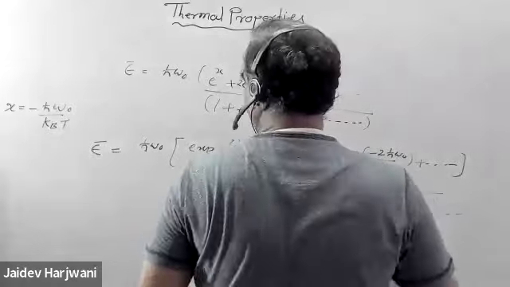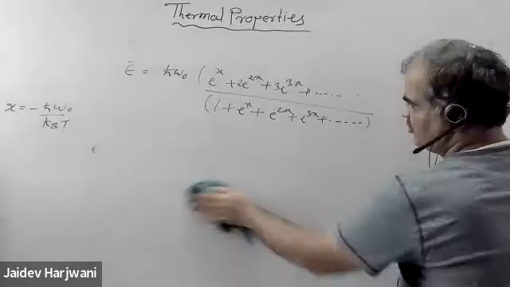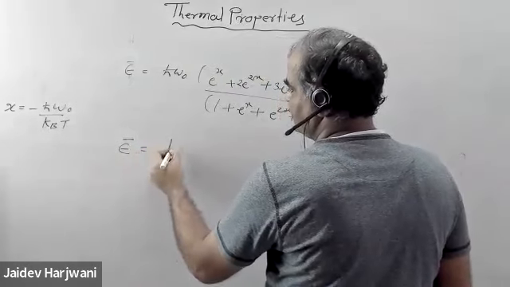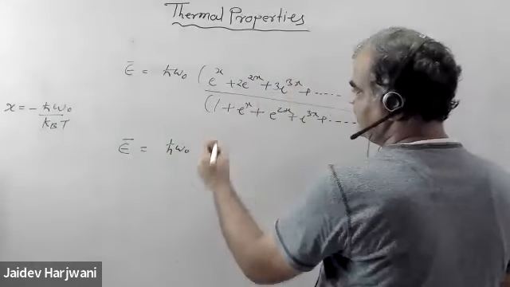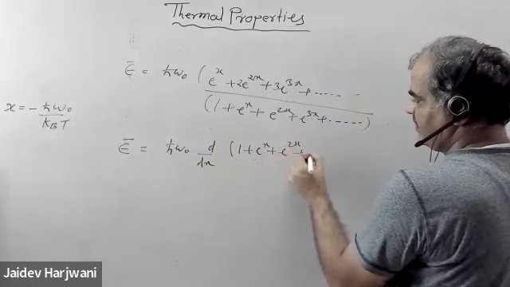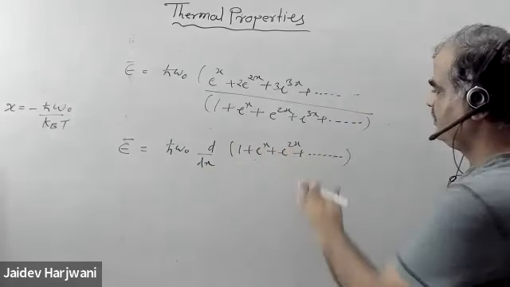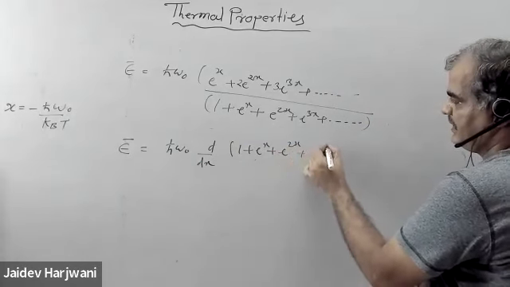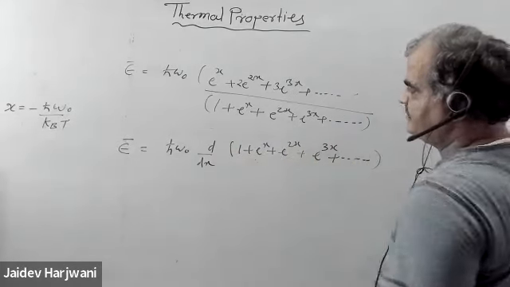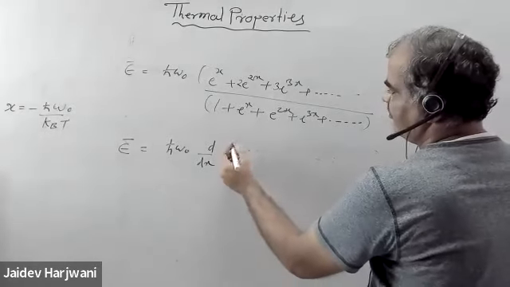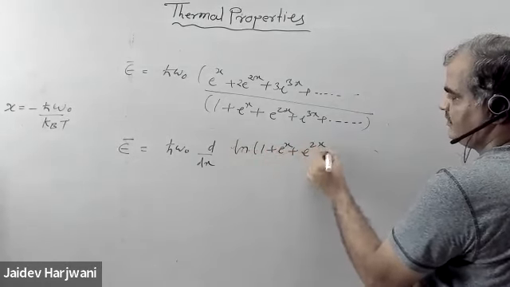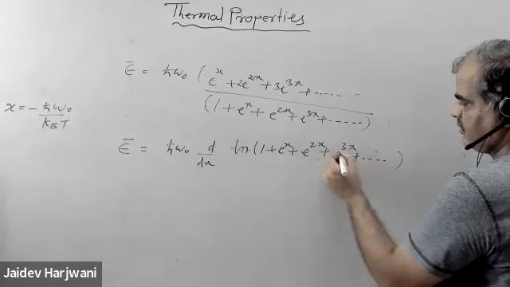Now if you solve this, it is very easy. I can write my energy E equal to h cut omega naught times d upon dx of ln of 1 plus e^x plus e^2x plus e^3x, and so on.